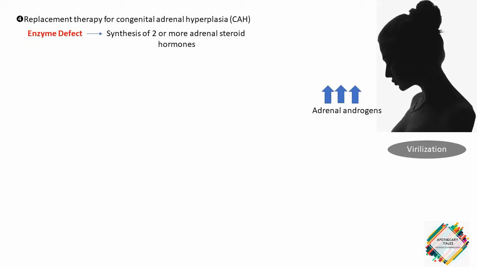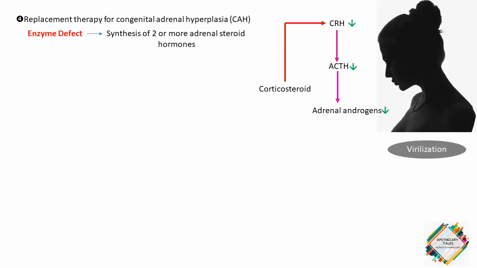Treatment of such a condition requires the administration of sufficient corticosteroids to normalize the hormone levels by suppressing the release of CRH and ACTH. This decreases the production of the adrenal androgens, and the choice of replacement hormone depends mainly on the specific enzyme defect.